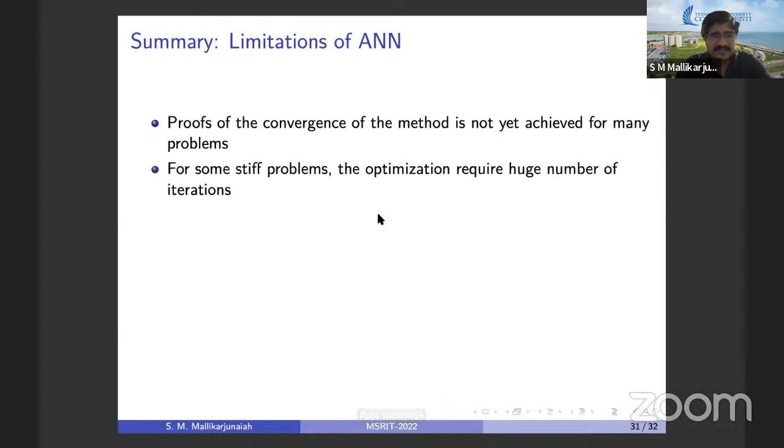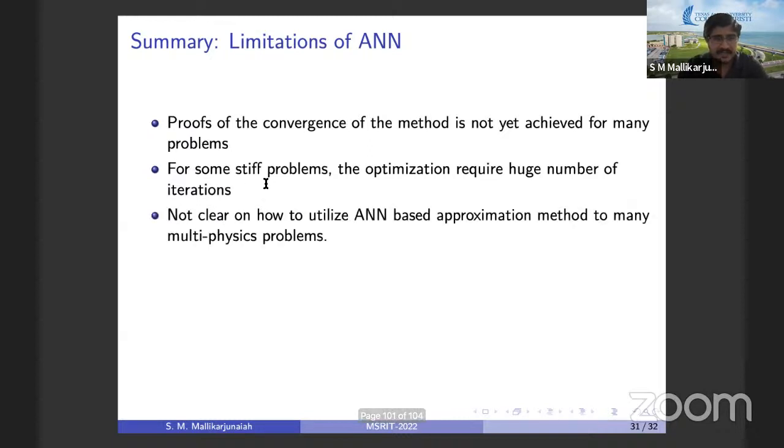And then for some stiff problems, the optimization requires a huge number of iterations. That means there is already scope here to come up with better optimization techniques for stiffer and stiffer problems. And then it's not that clear how to utilize the ANN-based approximation method for many other multi-physics problems.